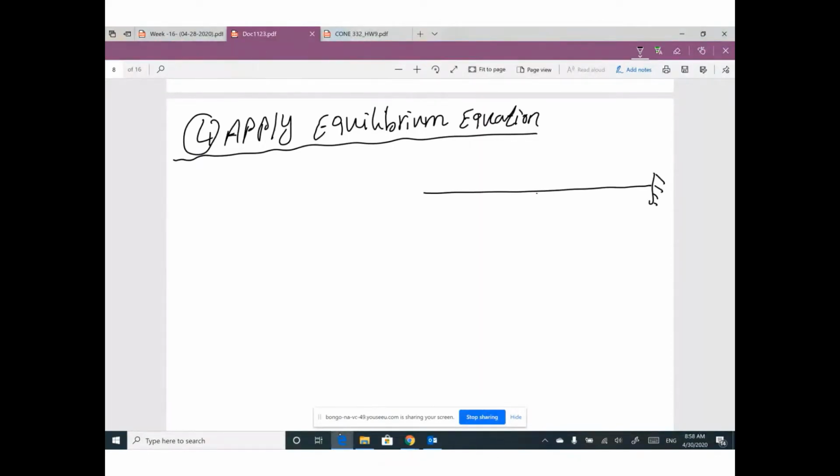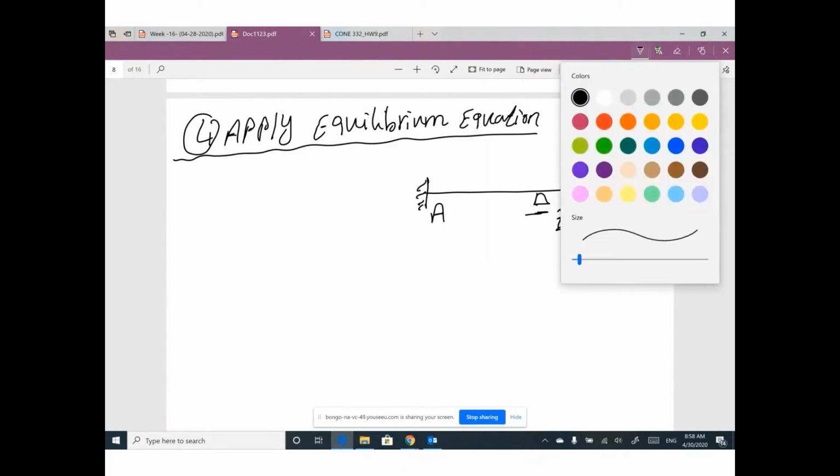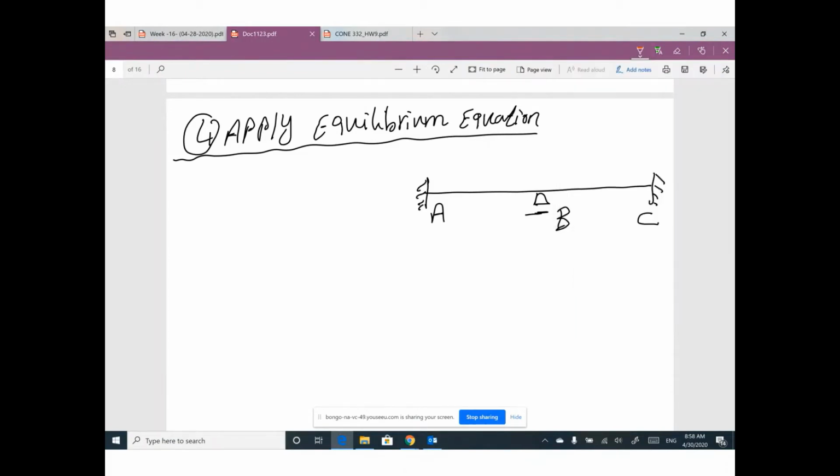Fixed here, roller here, fixed here. This one is A, this one is B, this one is C. Actually, we have MAB, you are talking about this side. MBA, you are talking about this side. MBC, you are talking about this side. MCB, you are talking about this side. Theta at A is 0, theta at B is unknown, theta at C is 0.